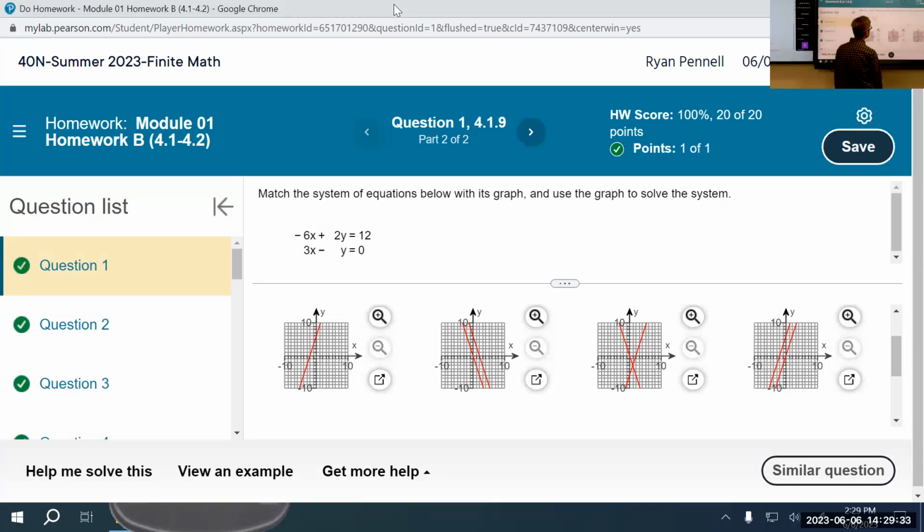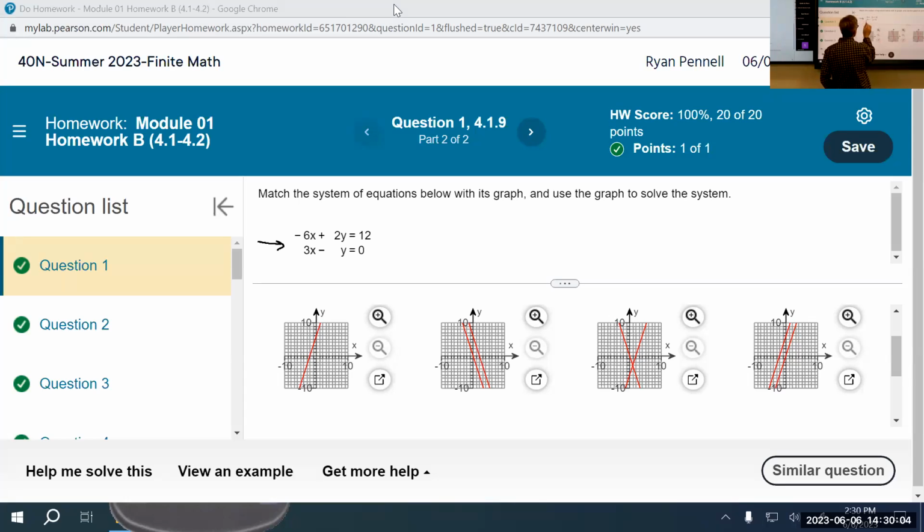That's the idea. We have 4 of those, and we need to match the system of equations below with its graph and use the graph to solve the system. There are so many different ways we could go about this. The way I'm going to show you today is, let's look at our coefficients.